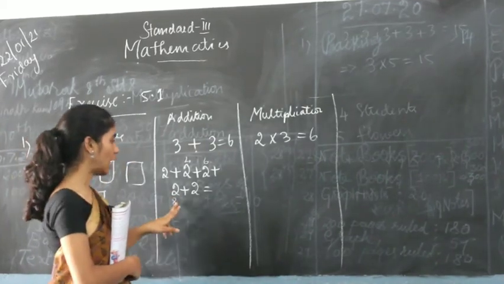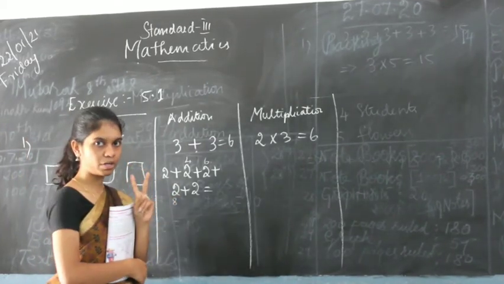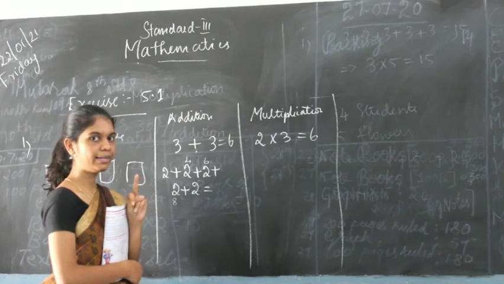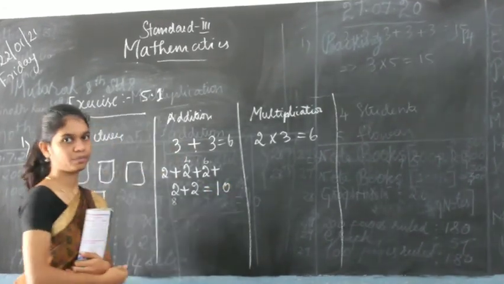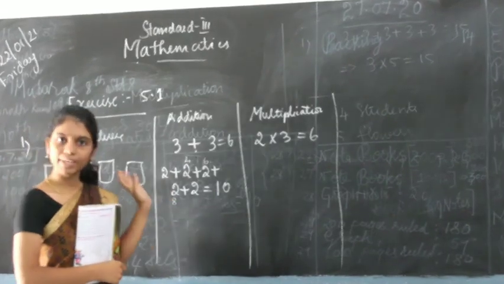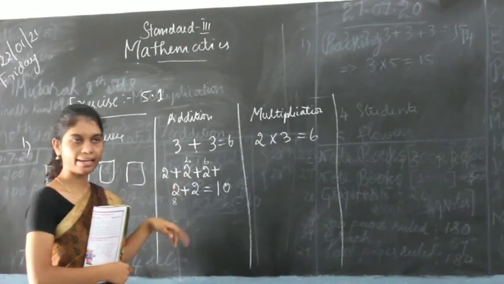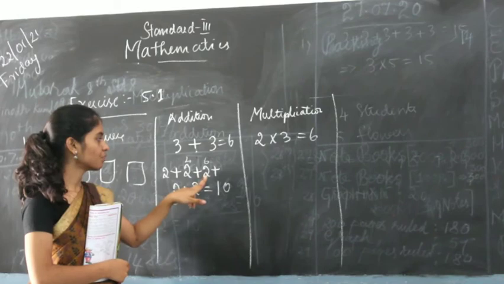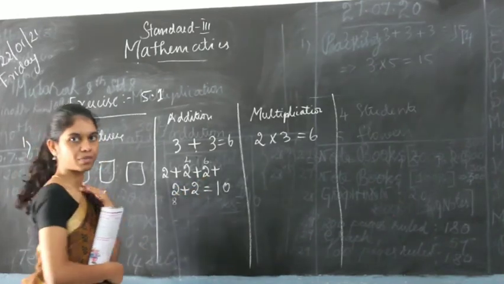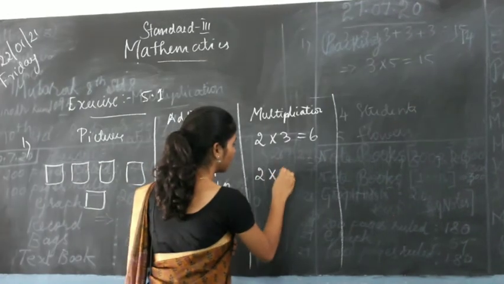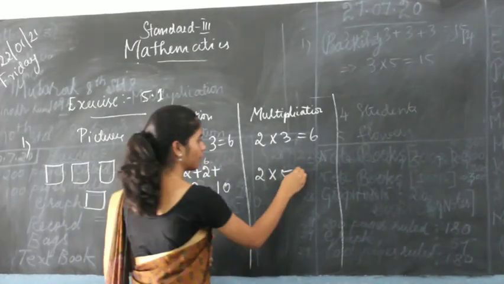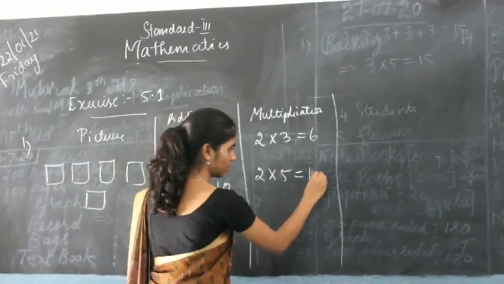So now 8 in your mind, 2 in your finger. 8 after 9, 10. Now the result is 10. Now we can say how many times 2's are added? 1, 2, 3, 4, 5. So 5 times 2 is added. So 2 into 5 will give you 10.